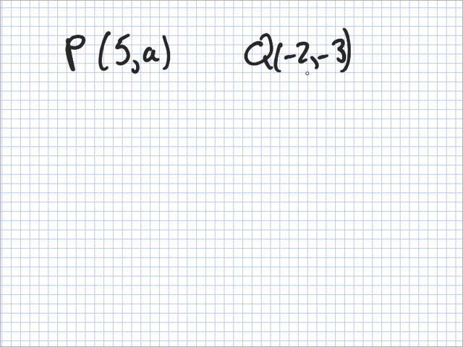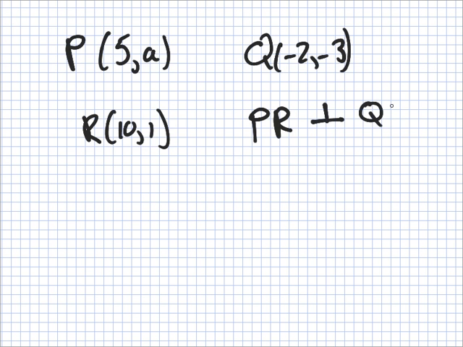Yeah, okay. P is 5 and A, and Q is minus 2 and minus 3, and R is 10 and 1. And PR is perpendicular to QR.